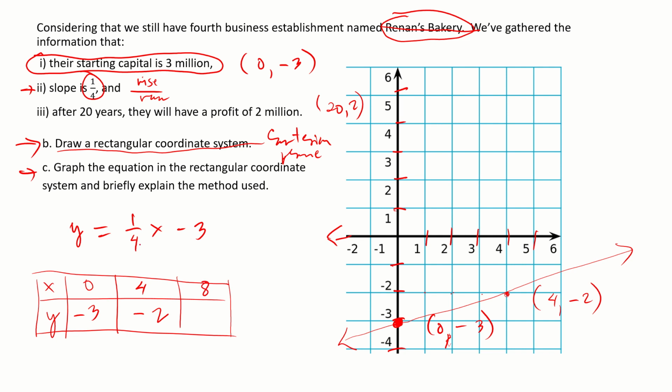Because 8 times 1/4 is 2. 2 minus 3 is negative 1. Then you just plot those 3 points and connect them using a ruler, and you will be able to show the graph already. That way it's easier for you to see the trend of the profit earned by this establishment in X years.